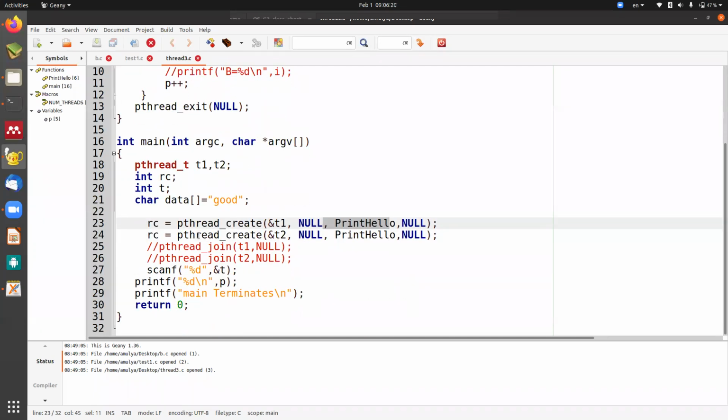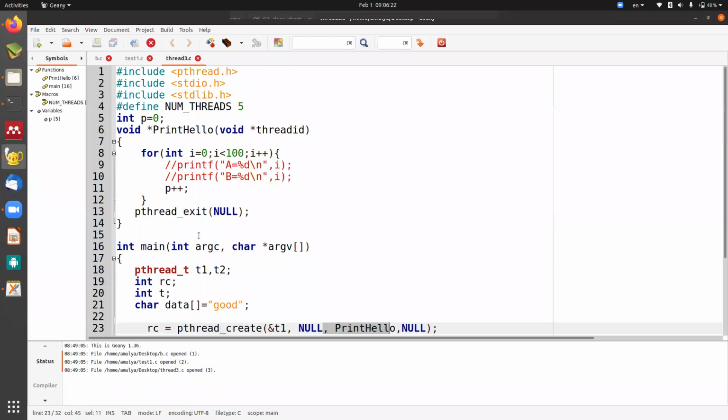Have you identified it? There is a very simple reason. What is the difference between a thread and a process? Please participate. A thread has the same copy of the program and runs in the same main process. All the threads belonging to a process use the address space of the process. Yes or no?